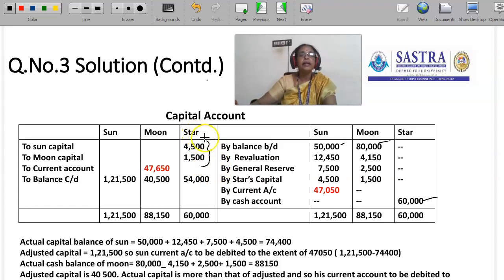So Star capital account is debited to the extent of 6,000 rupees, and Sun's capital account should be credited with 4,500 and Moon's with 1,500. This is the treatment for goodwill. And then revaluation profit is 12,450 and 4,150. General reserve is 10,000. 10,000 is distributed among Sun and Moon in the ratio of 3:1. That is 7,500 and 2,500.